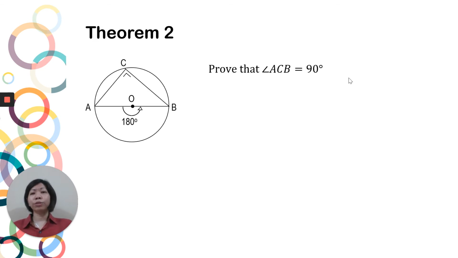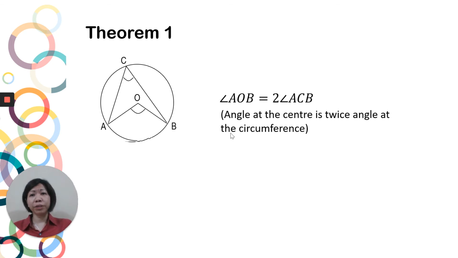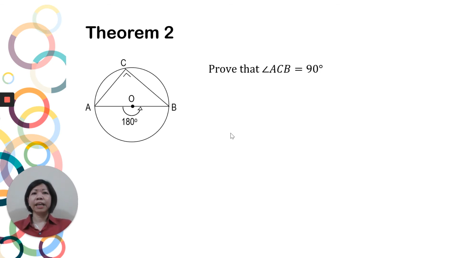Let me now go to theorem number 2. On this diagram, I hope you can see that you also have two angles. We have angle AOB, which is angle at the center, and angle ACB, which is angle at the circumference. So this theorem is actually very similar to the first theorem. What you need to do here is to prove that angle ACB equals 90 degrees.